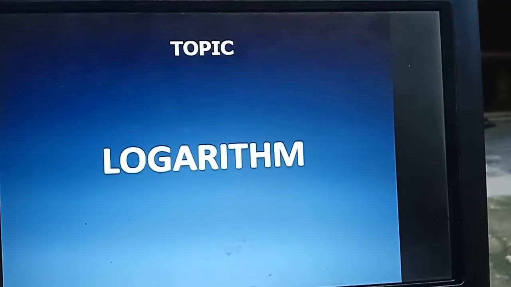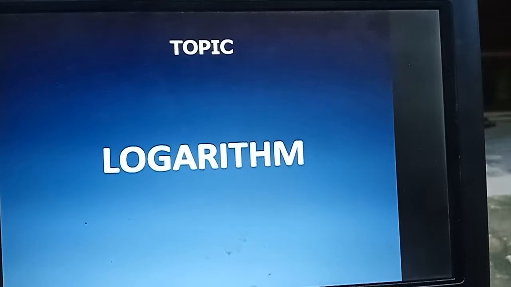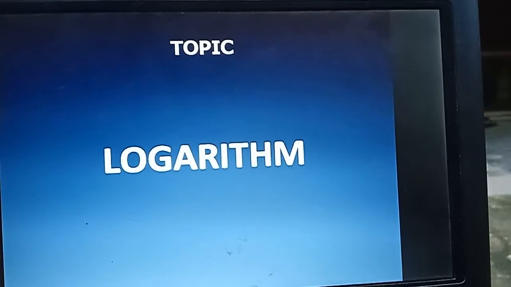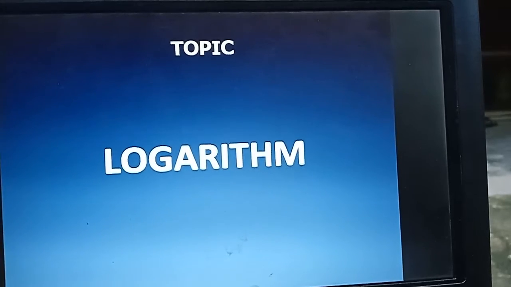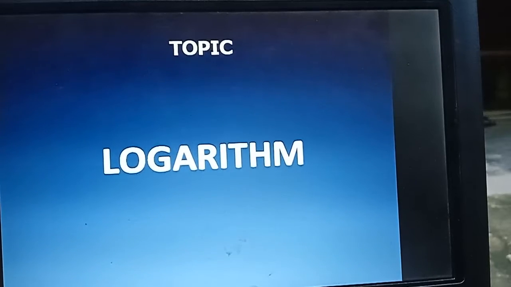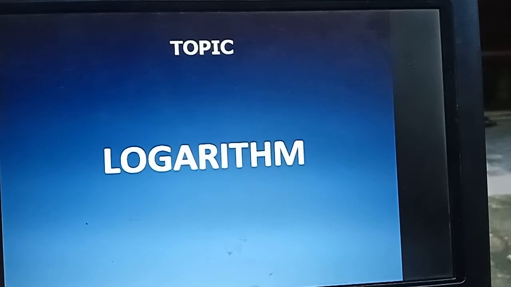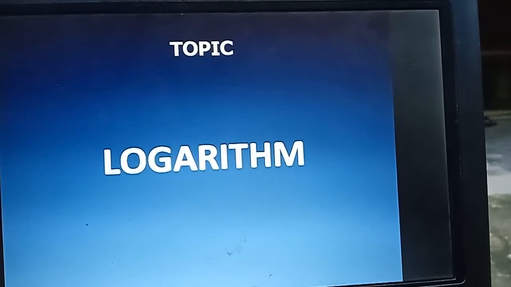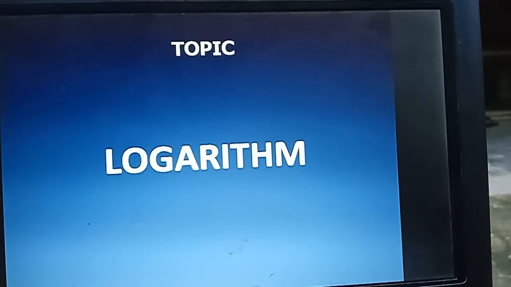Do you know what a logarithm table is? So now we are using calculators instead of logarithm tables to find these solutions.